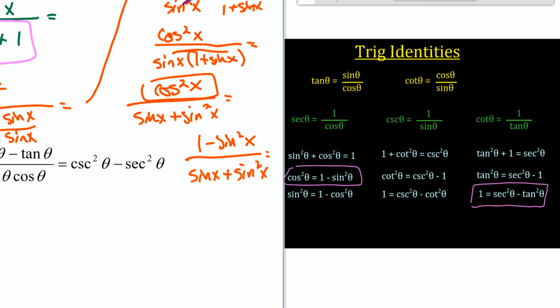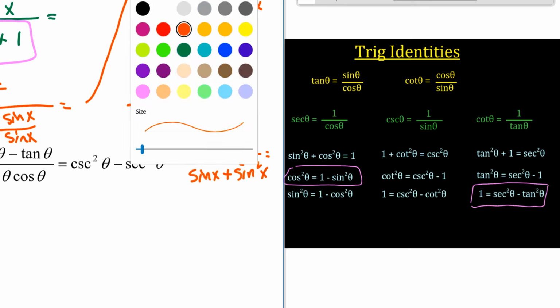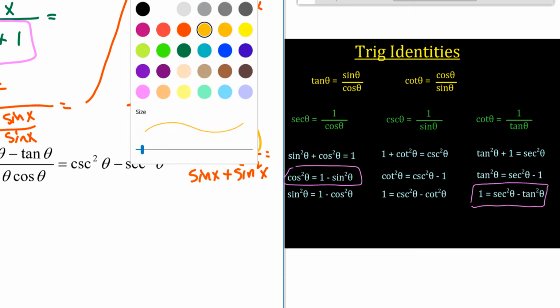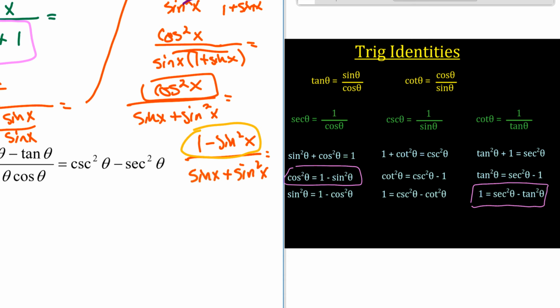So one thing that you may not see: this top is factorable. It is the difference of two squares. So it's going to be 1 minus sine x, 1 plus sine x. Those would be the factors of the top. And on the bottom, that's also factorable.